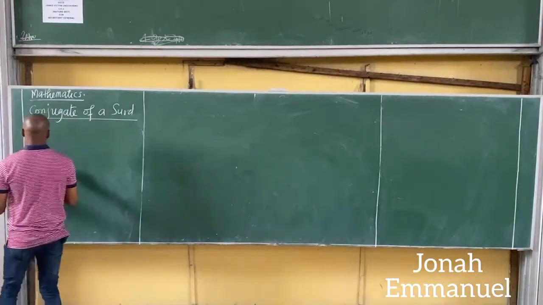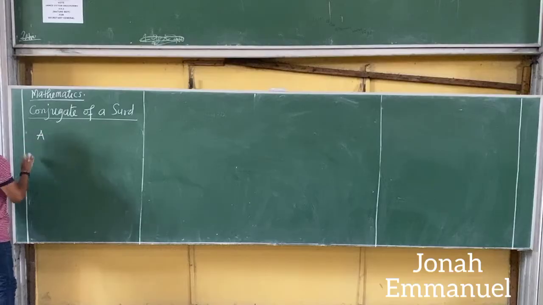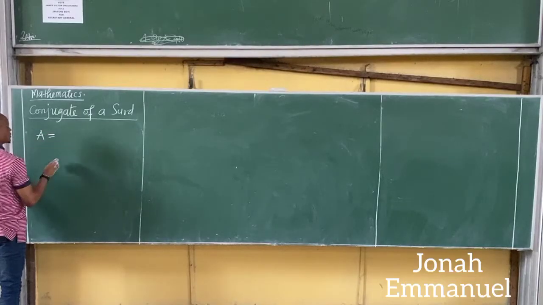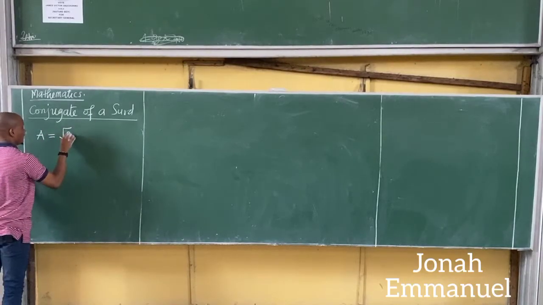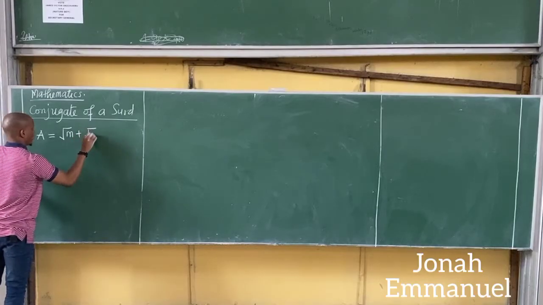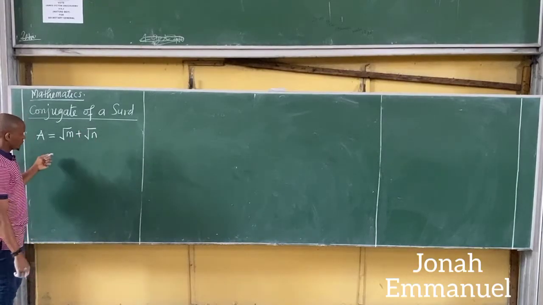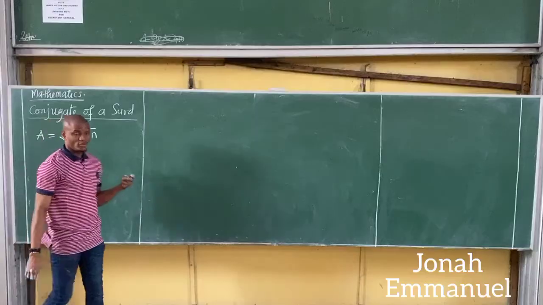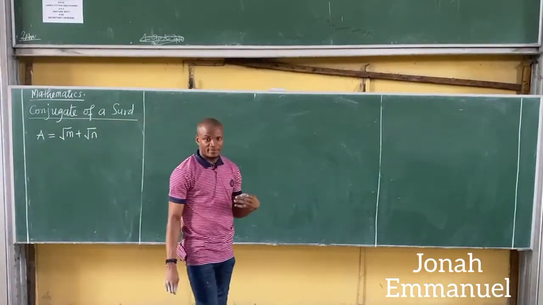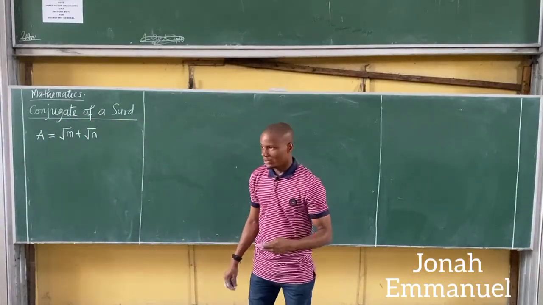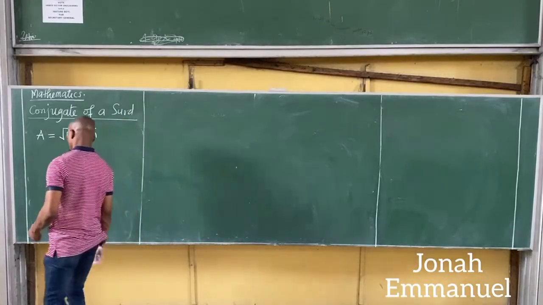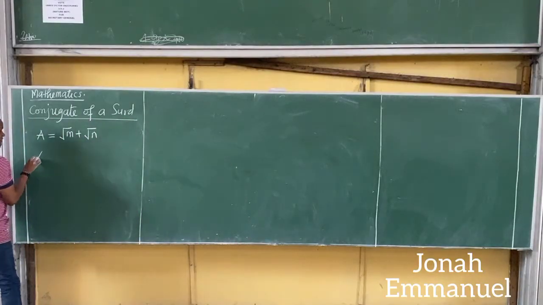Given a sum A, where A is equal to, let's say, root m plus root n. The conjugate of A is written as A bar, which is equal to the coupled.